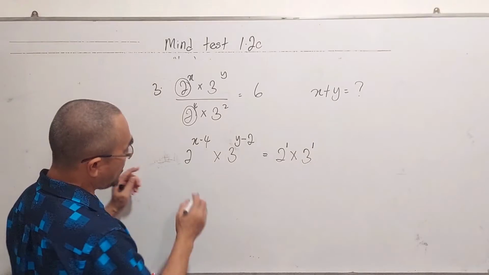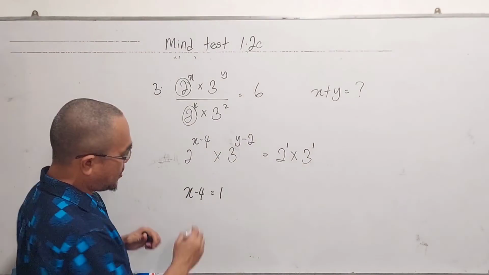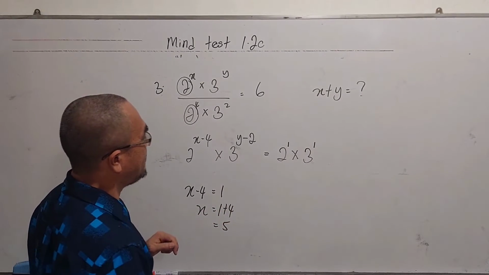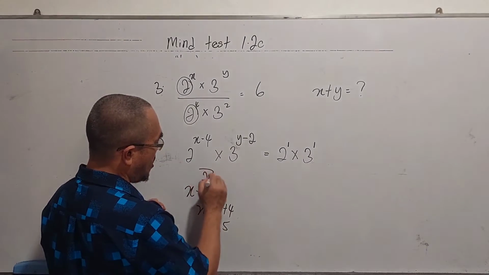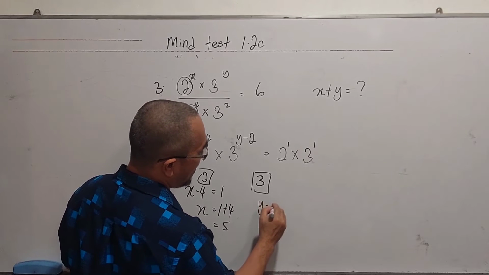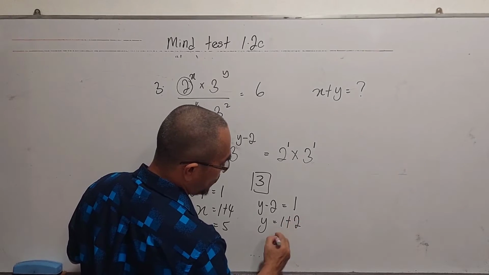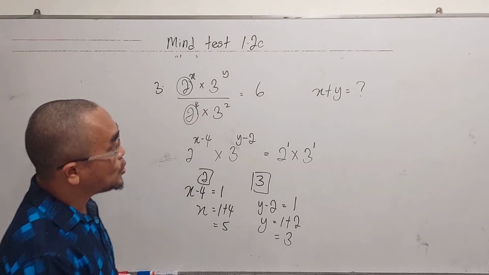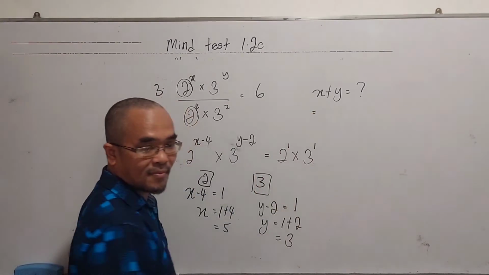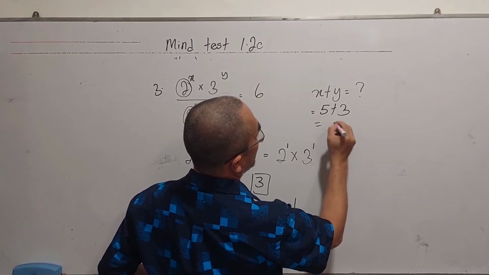For base of 2, x minus 4 equals 1, so x will be 1 plus 4, which is 5. For base of 3, y minus 2 equals 1, so y is 1 plus 2, which is 3. So what is x plus y? 5 plus 3 equals 8.